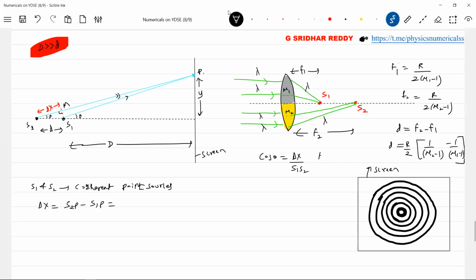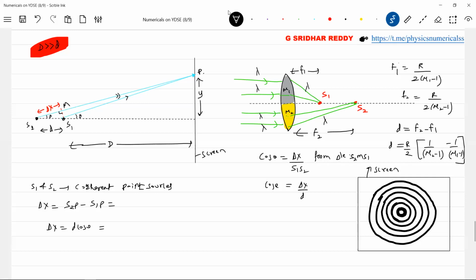S1S2 is equal to d. So delta x should be equal to d cos theta.